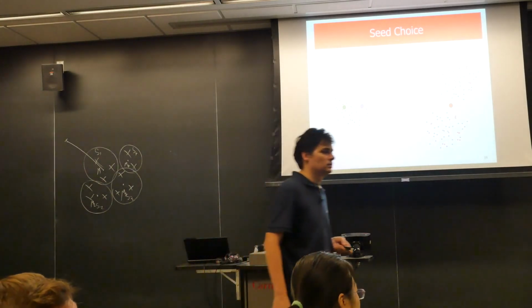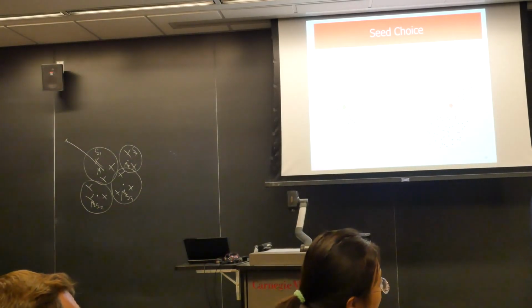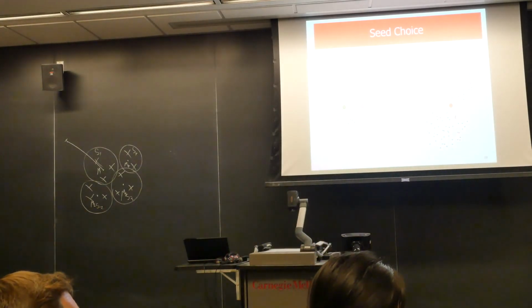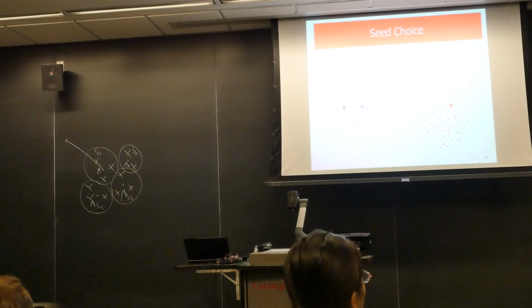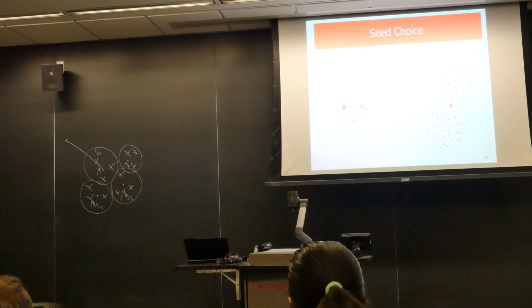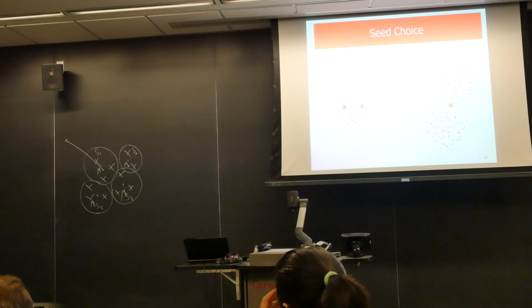Yes? You said the complexity is K and N, and we know K and we know N, but is there a way to estimate how many iterations we need, or at most how many iterations? No. Especially because in the worst case, it can be exponential. So not with this algorithm.